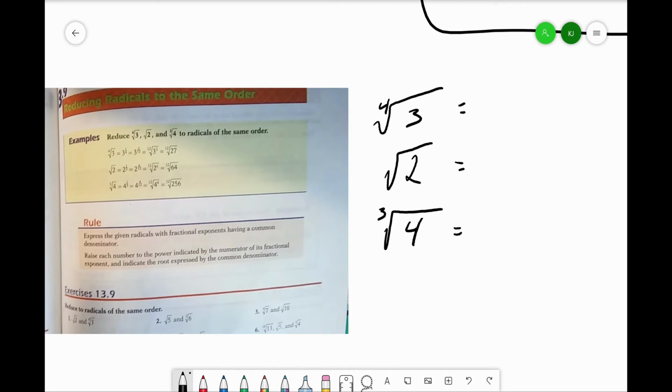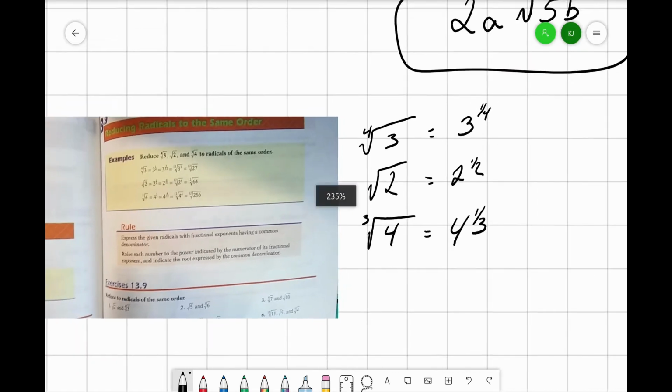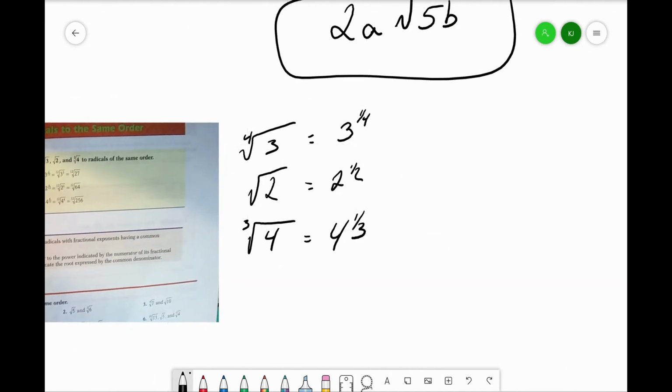Well, we want to reduce these down so that they all have the same order. So we want them all to have the same numbers at the beginning here. So the first thing we want to do is take them and flip them so that they're fractional, because fractions we know how to deal with. And from there we can ask, what number do all these fractional parts share? 4, 2, and 3.